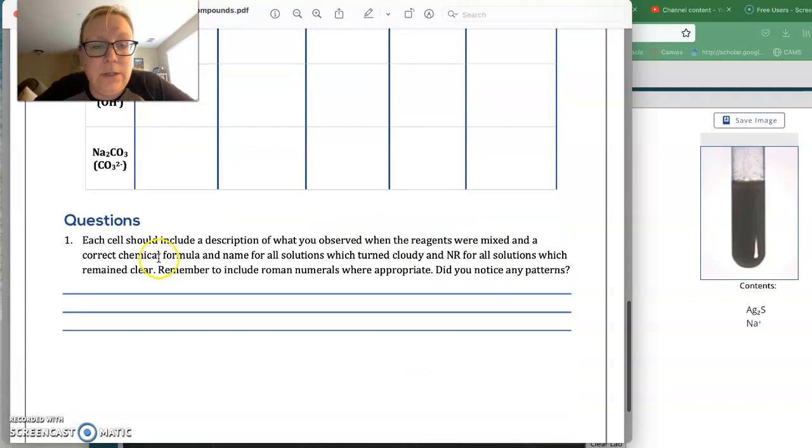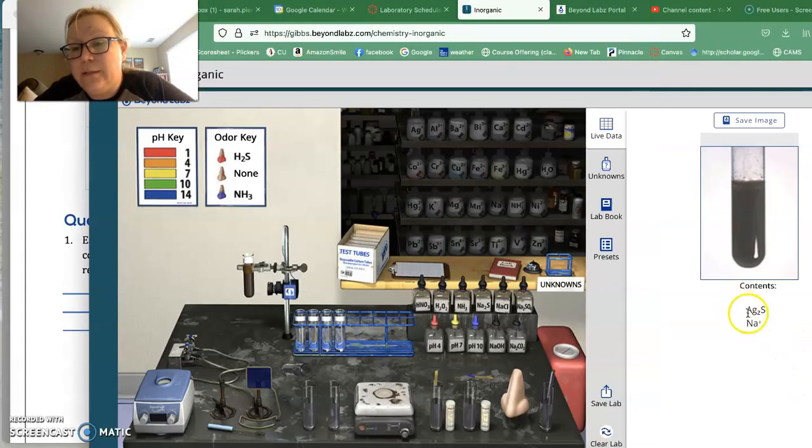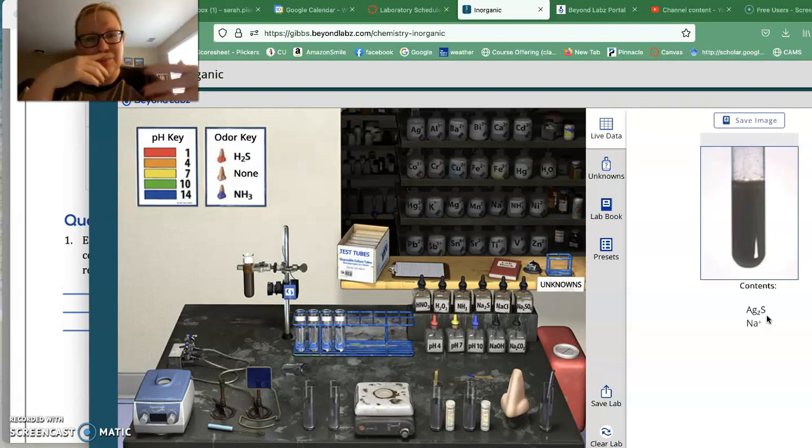Now what you're going to do is you're going to name that solution. So that solution is silver sulfide using our ionic nomenclature rules. Remember, we define things that are ionic because they're most of the time a metal and a non-metal. Really, we know it's the charges that are attracting each other, and there are some, of course, exceptions to that metal and non-metal rule with our polyatomic ions.